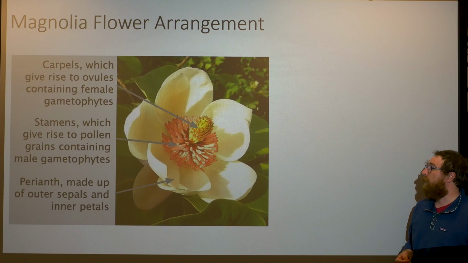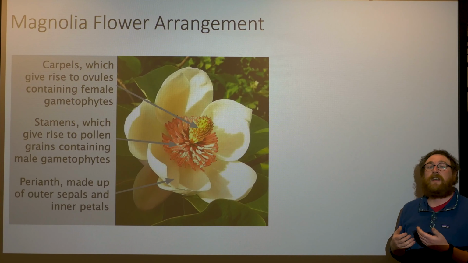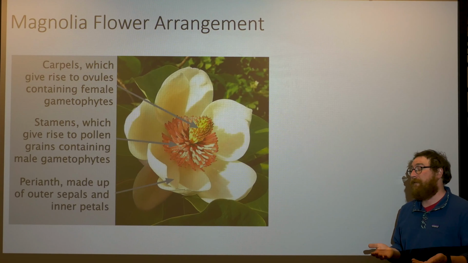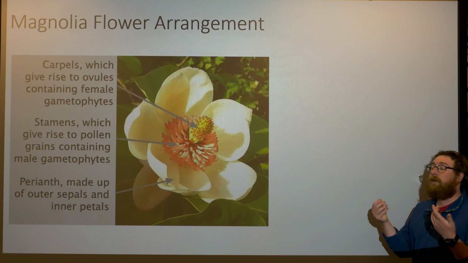So the magnolia flower is a very large thing, and this large flower you might think of as a more derived feature. But having a large flower makes you a good generalist.